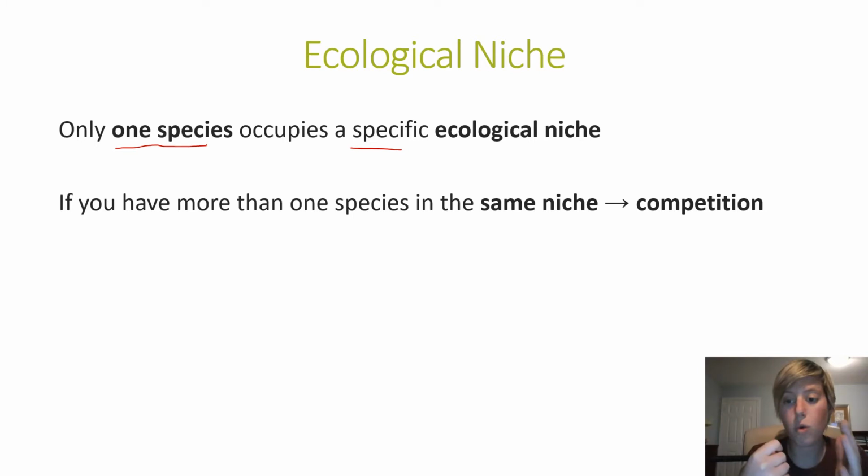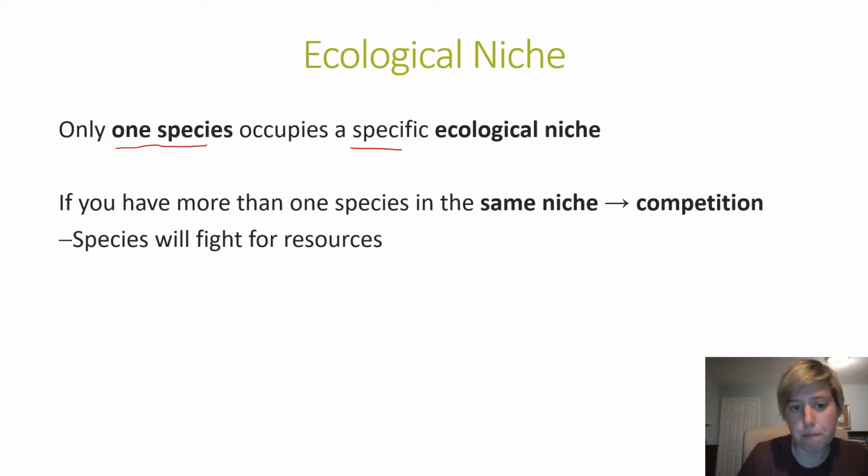So you have one species that's driven to extinction and another species that basically remains in the niche. Or because of that competition, both of the species suffer and both of the species die off. So basically both scenarios are bad because of fighting for resources, because we need to remember that resources are finite. That means they don't last forever.